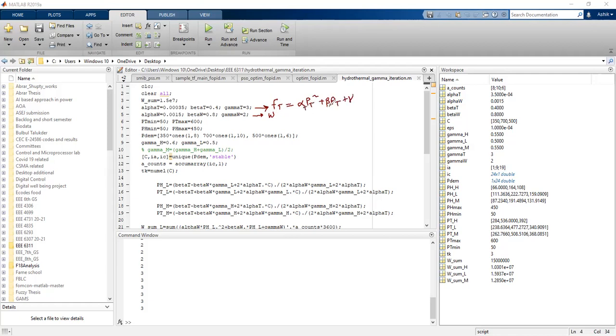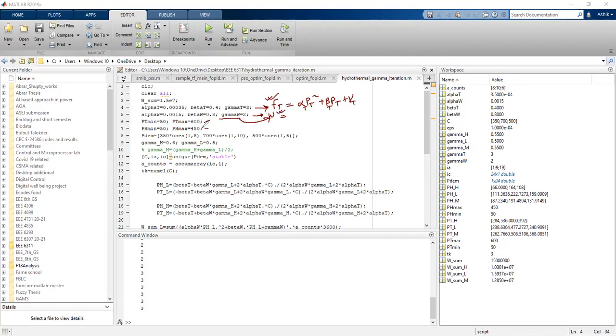So we can say alpha t, beta t, gamma t. This gamma is not the iterative gamma. This is the gamma of this function ft, and this is the gamma w, the gamma present in W. So these are taken from the functions given f and w.